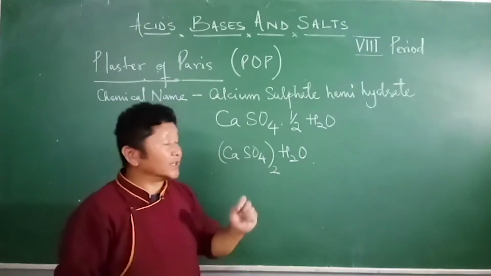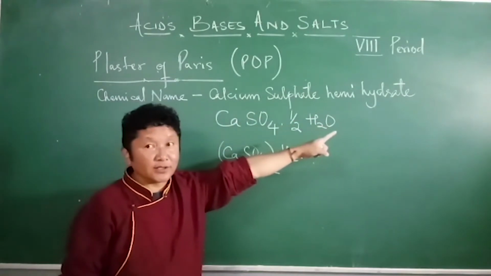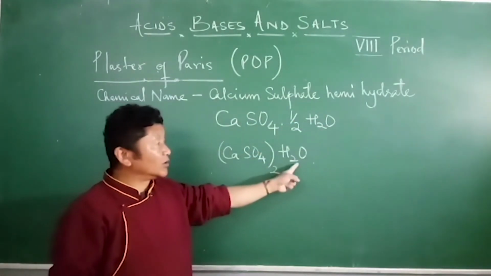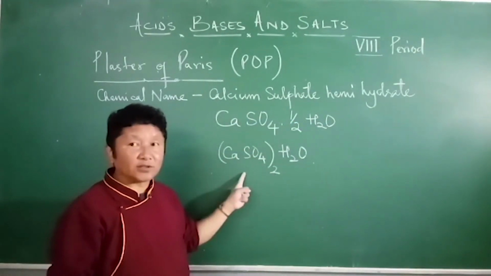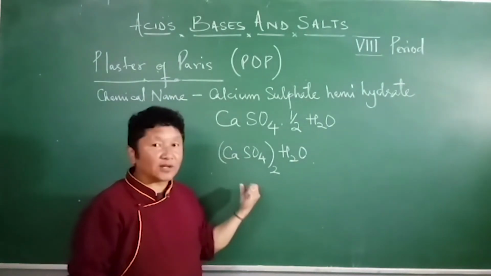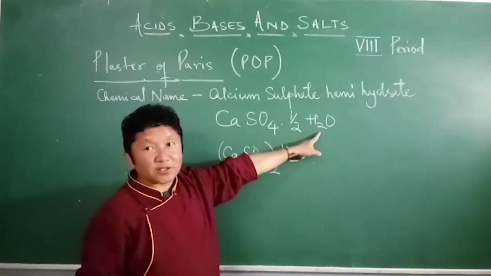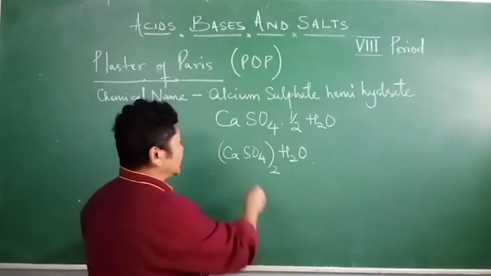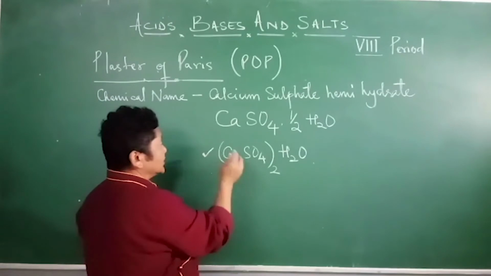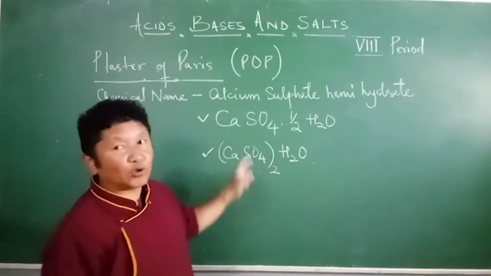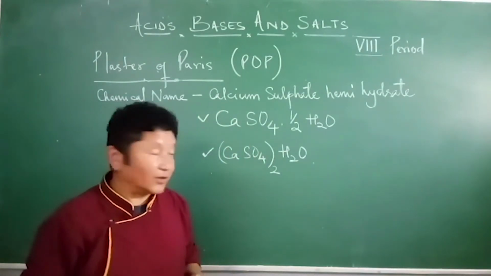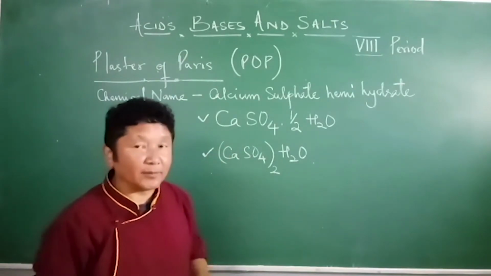Plaster of Paris is called calcium sulfate hemihydrate. So it is written like that, calcium sulfate hemihydrate, or you can write it down like this, 2 CaSO4 . H2O. Both are right.